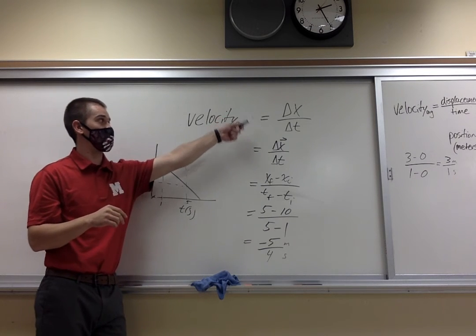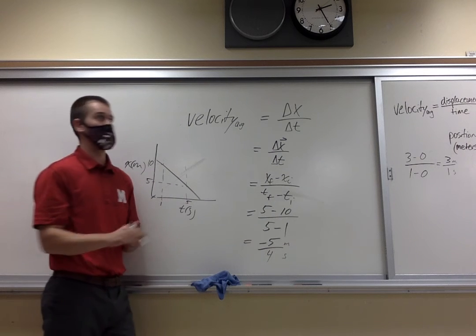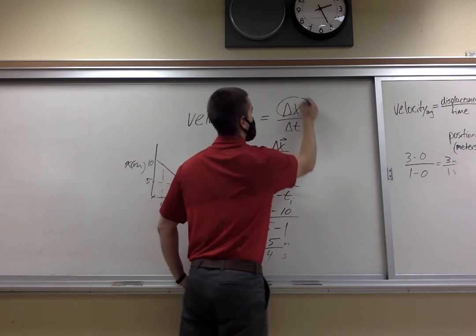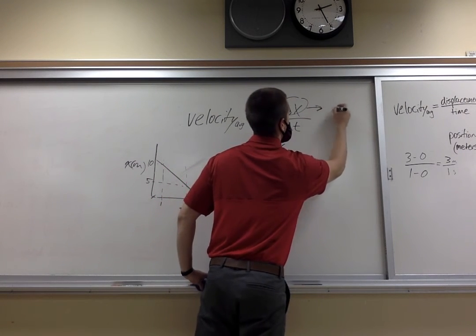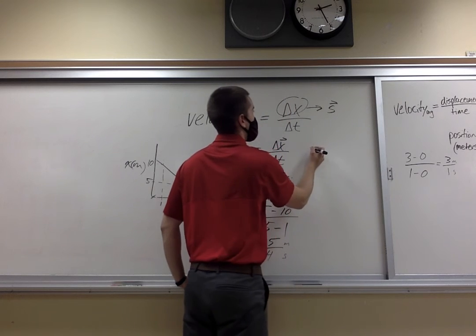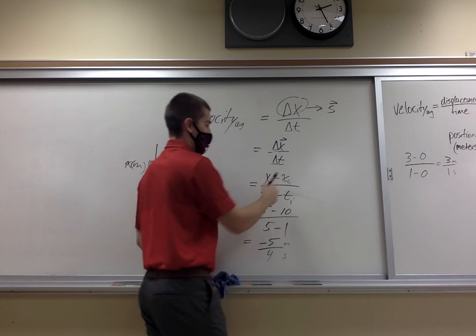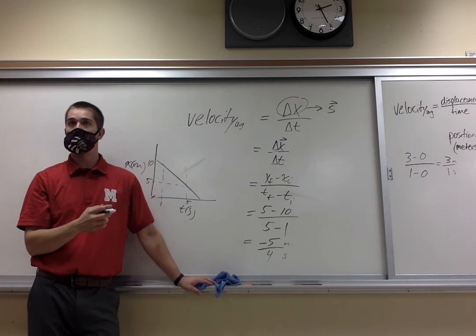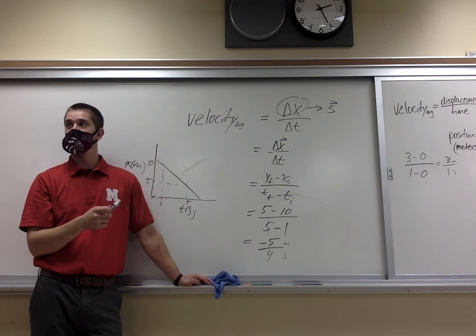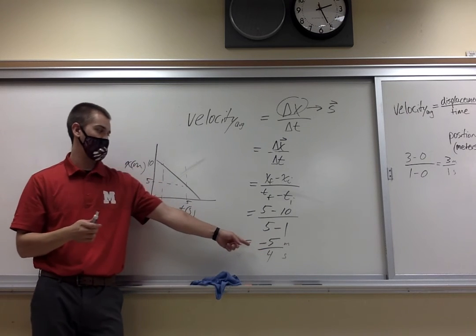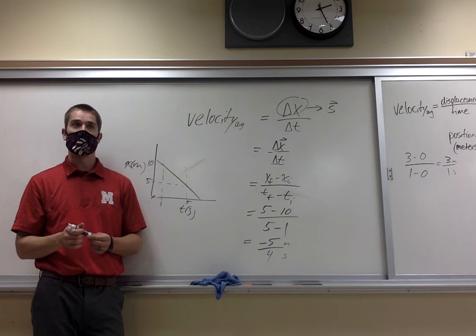Average velocity is the change in position over time. This is S, or the displacement. I'm just dividing it by the time. So when I get my answer, that's my average velocity.